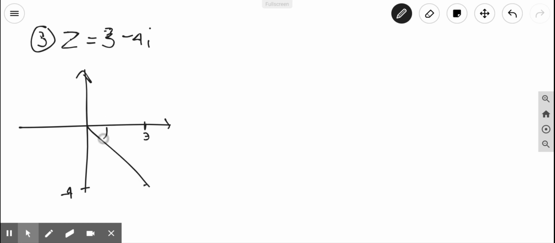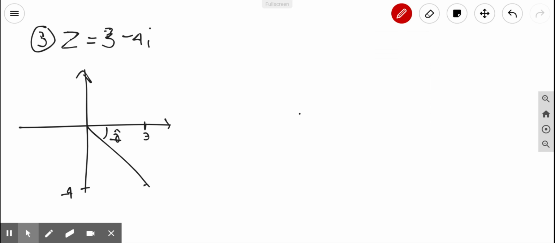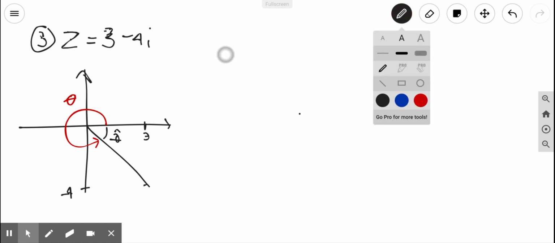Theta hat, angle formed with the x-axis always. And then the one we are actually looking for is the one that is going counterclockwise. So we're looking for this angle. Let's go ahead and do our calculation.